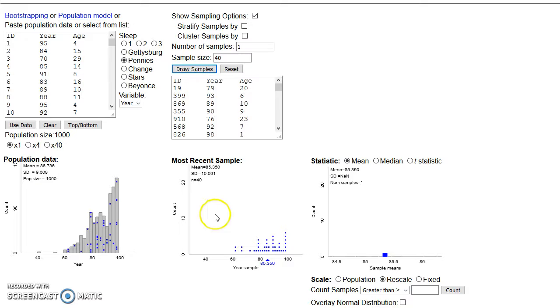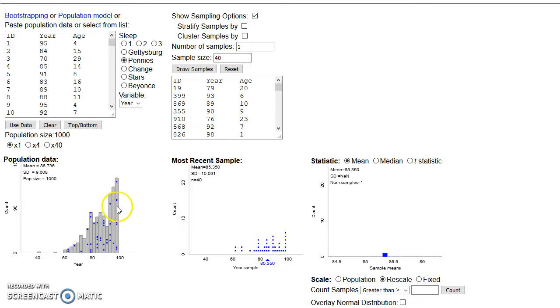Here you can see all 40 of the pennies that I've selected at random. I selected penny number 19, number 399, and so on. Down here we can see a dot plot of the most recent sample, and it indicates what the mean is. Our mean is 85.350, and the standard deviation of this sample was 10.001.